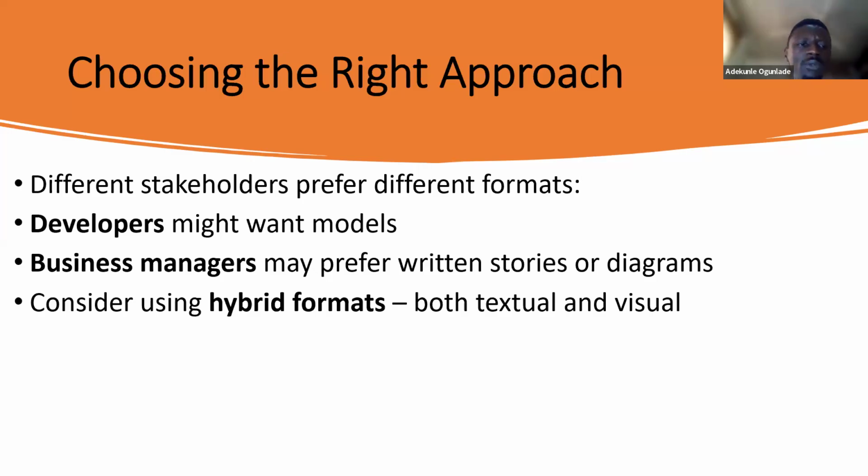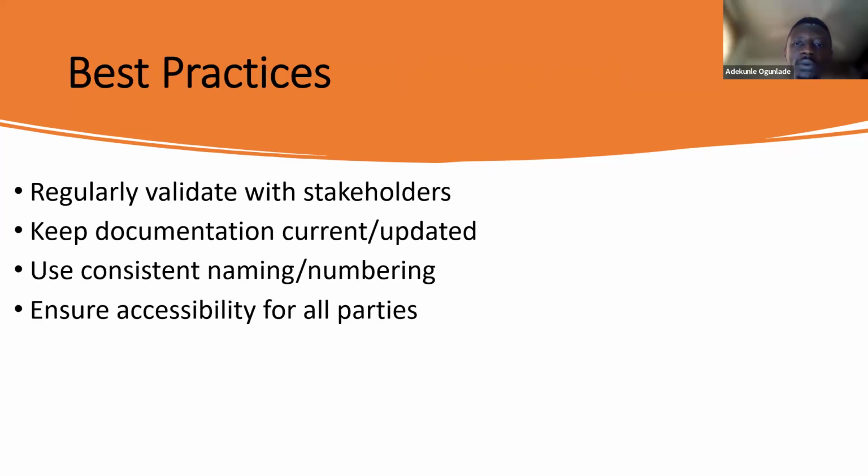The key here is adaptability as a business analyst. You should understand these techniques, be able to play around with them, and know the best for the stakeholders. Best practices.